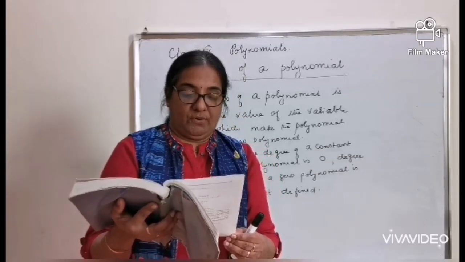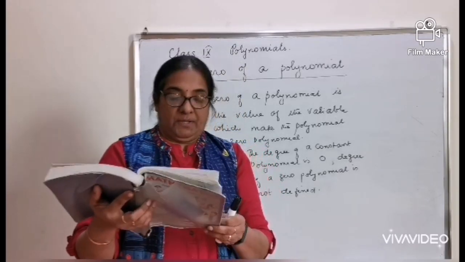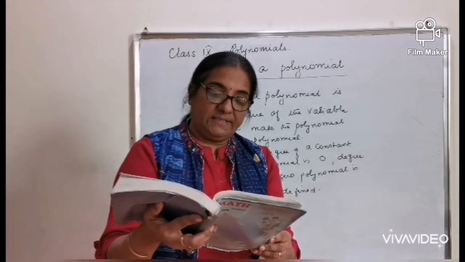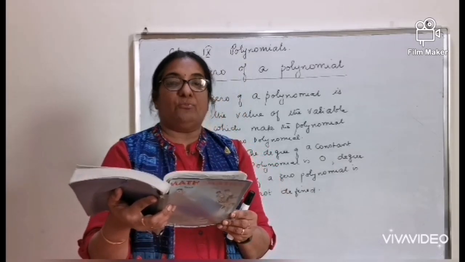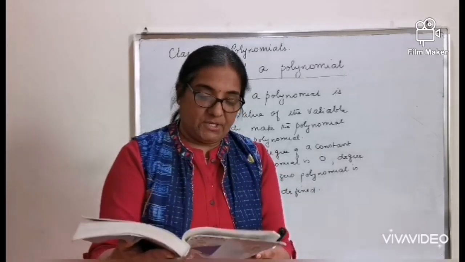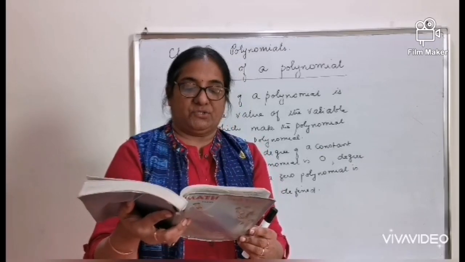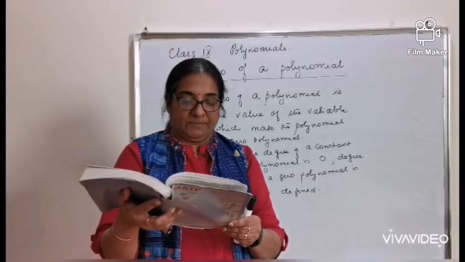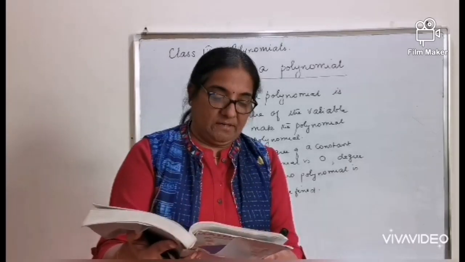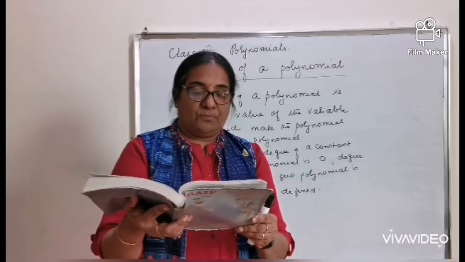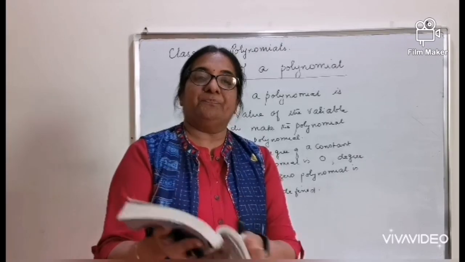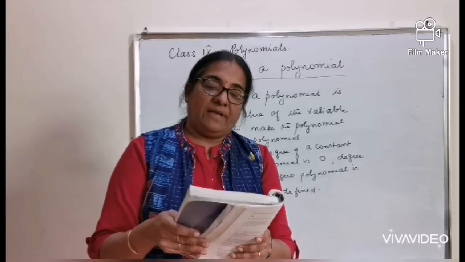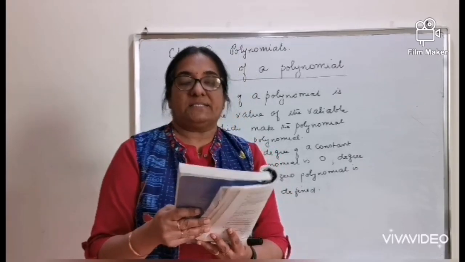Page 34, exercise 2.2. First question, find the value of the polynomial at x equal to 0, x equal to minus 1, x equal to 2, the type 1 question which I explained. A similar question, find P of 0, P of 1, P of 2. Third question, verify whether the following are zeros.